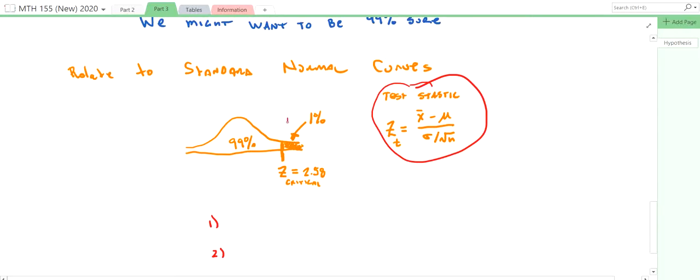We can end up with a calculated test value that is greater than this 2.58, or possibly a calculated test value that is less. So I'll just write z sub t is less than 2.58, or z sub t is greater than 2.58.